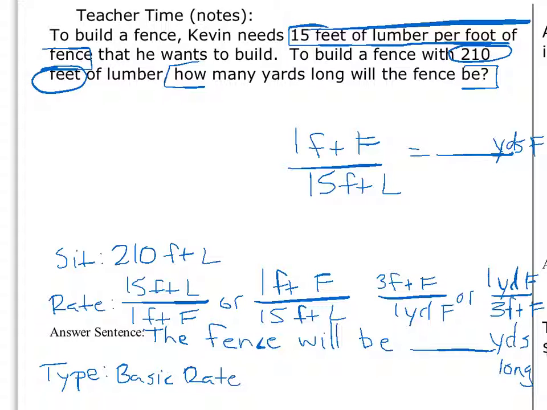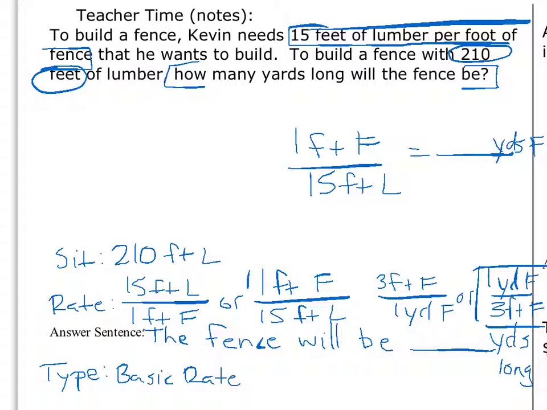So now I do have something that I can get to match my yards up here. So which of these two do I want to use? Do I want to use the first one? Do I want to use the second one? Show me with your fingers. Do I want to use the first unit conversion or the second unit conversion rate that we wrote? Good, that's going to get my yards on top.